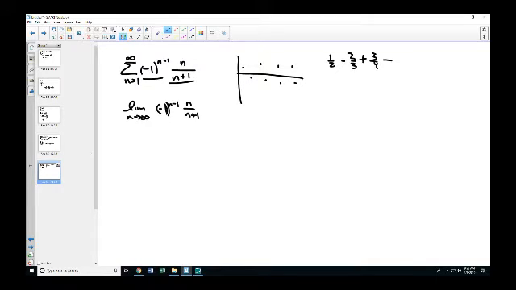Does the limit exist? No, it does not. This is the limit does not exist. Okay, now look at the theorem.